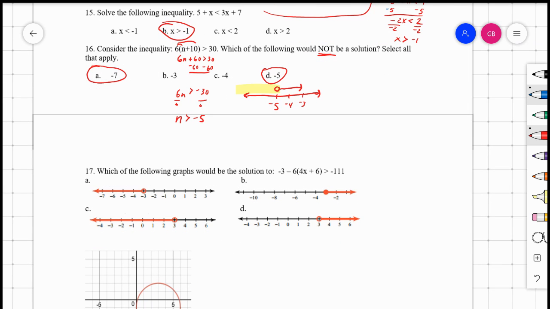17. Which of the following graphs would be a solution of -3 minus 6 times 4x plus 6 is greater than -111? Okay, let me copy it over here where I have more space. Okay, so first I'm going to add 3 to both sides.